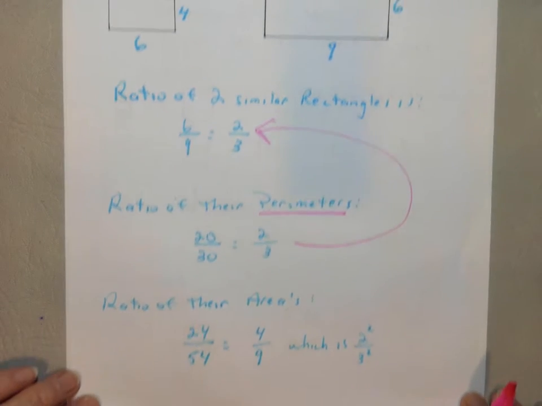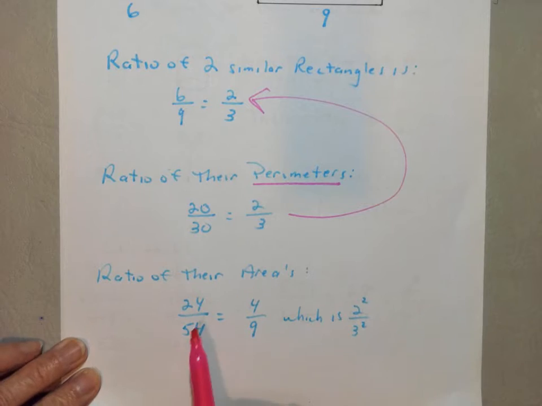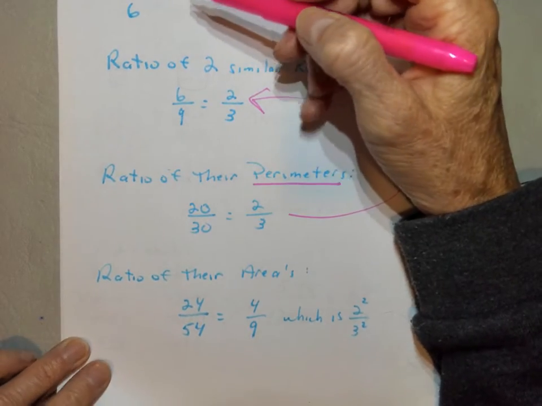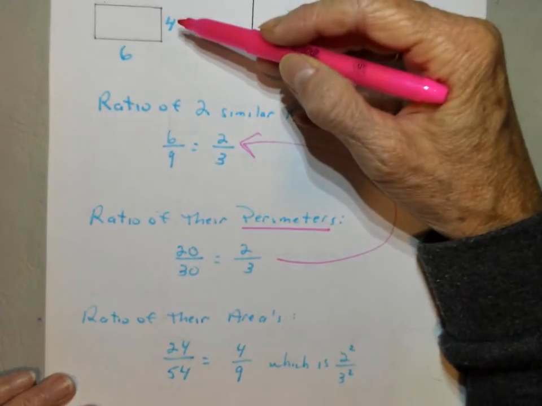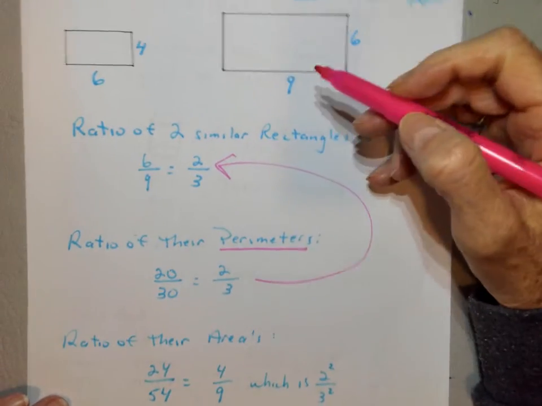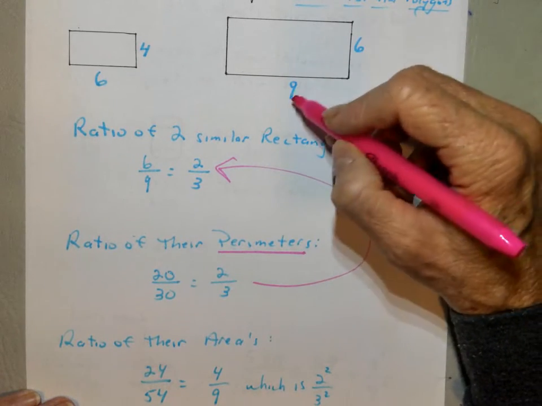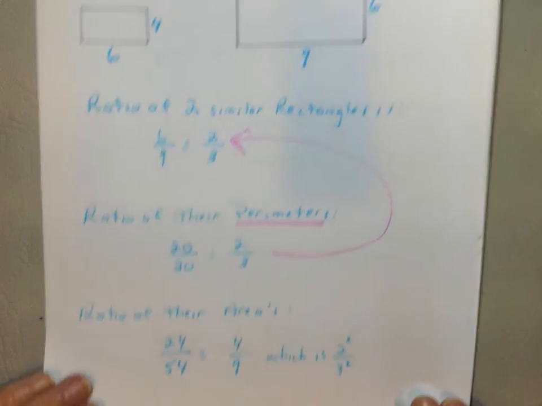Now, the ratio of their areas. The area of the first rectangle, which is 6 times 4, is 24. And the area of the larger rectangle is 6 times 9, which is 54.